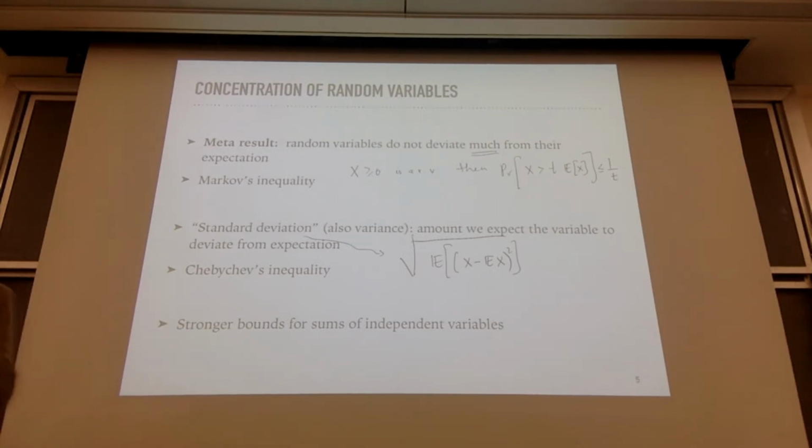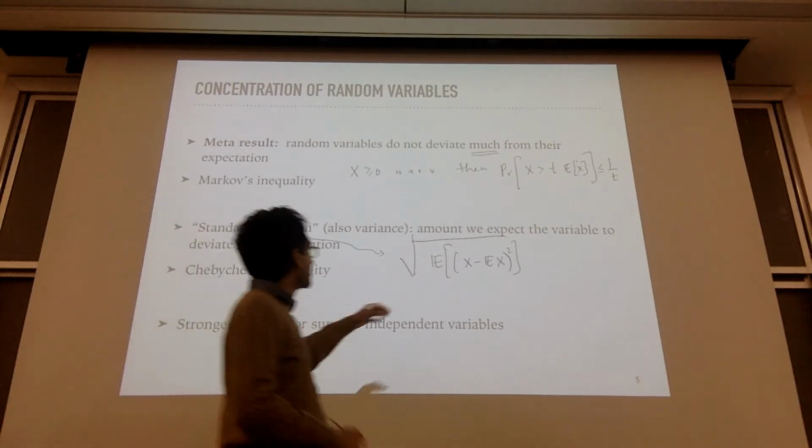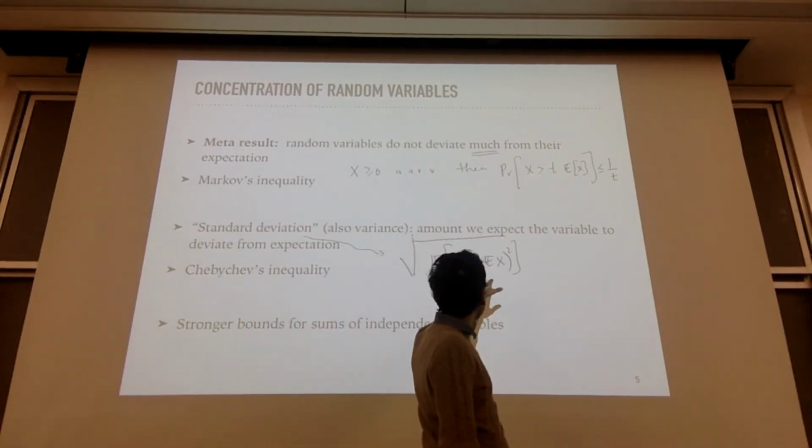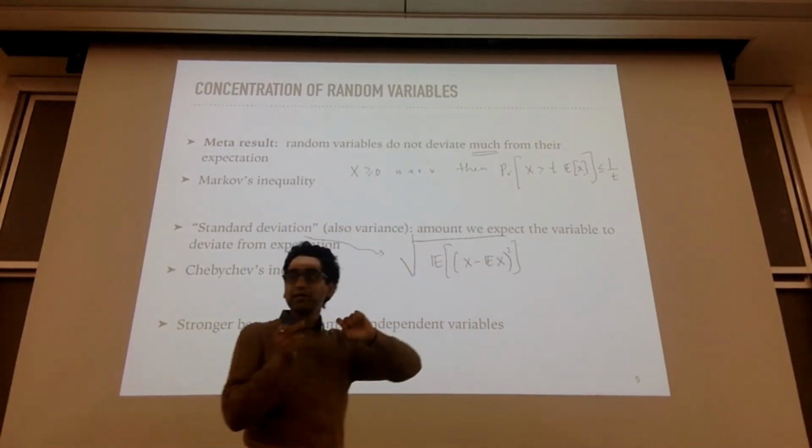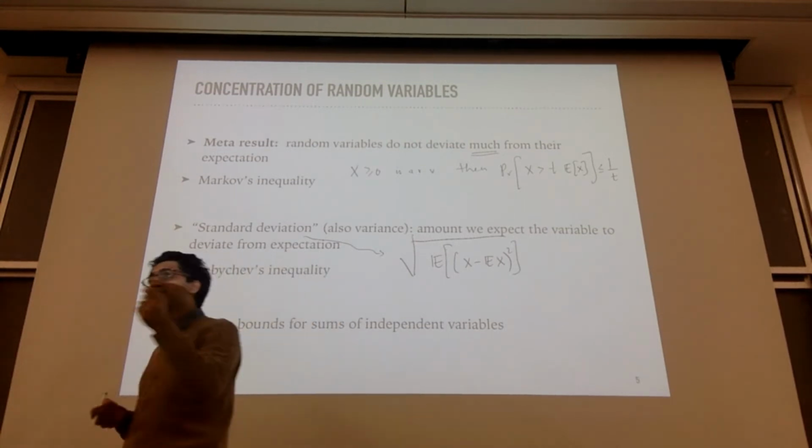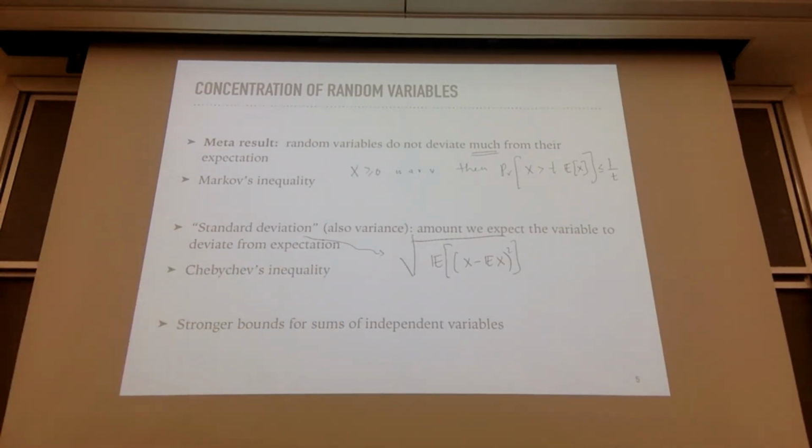In some sense, you're looking at this new random variable, which is the deviation from its expectation, you're looking at the deviation squared, and you're looking at the root mean squared. So that's the standard deviation.